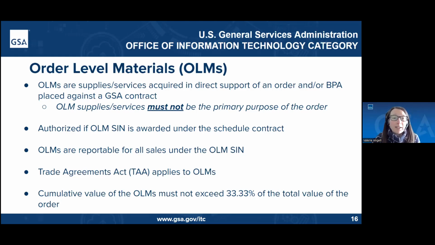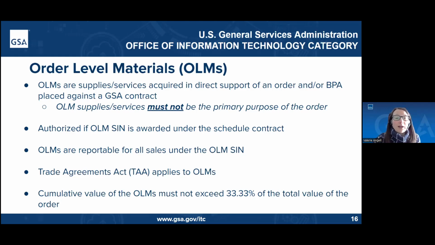So now we'll talk about order level materials, or OLMs, which are ancillary or supporting supplies or services that are acquired in direct support of a task order or BPA placed against a schedule contract.